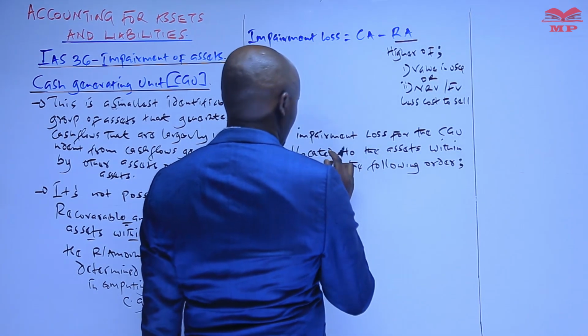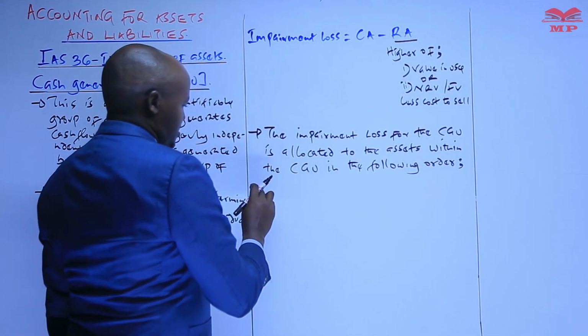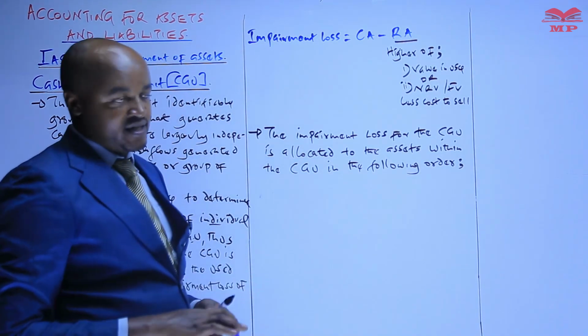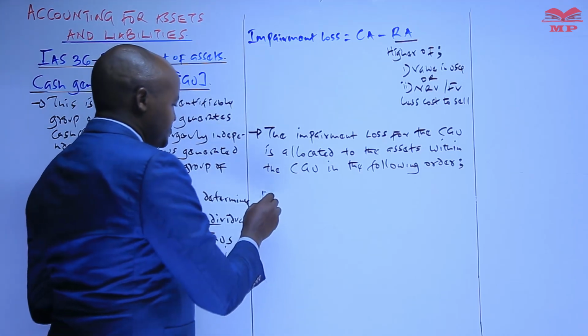Number one, we allocate to assets which are obviously impaired.